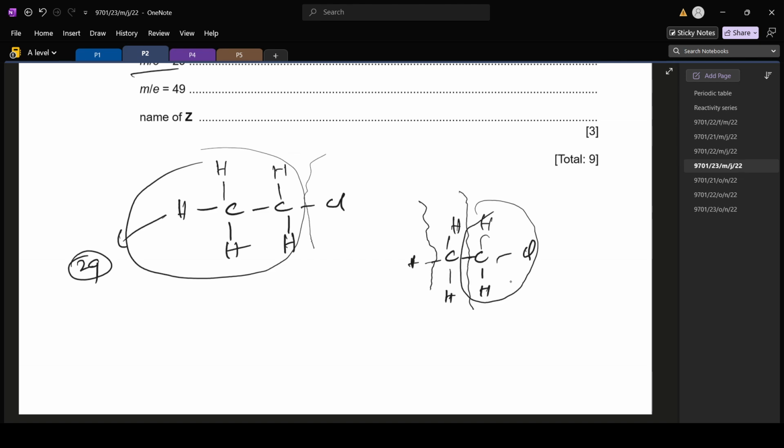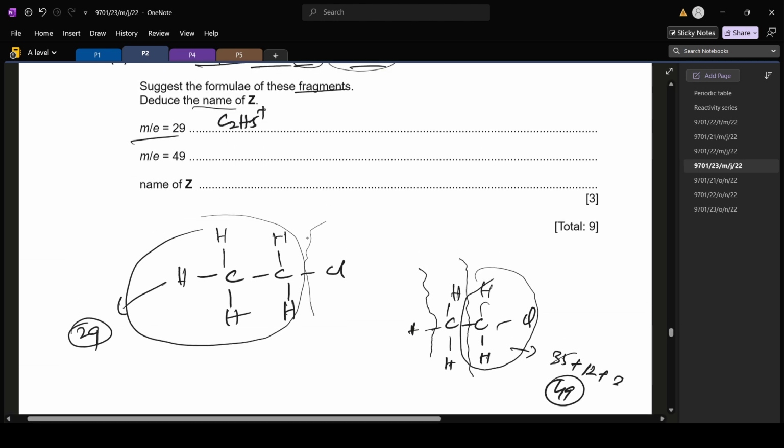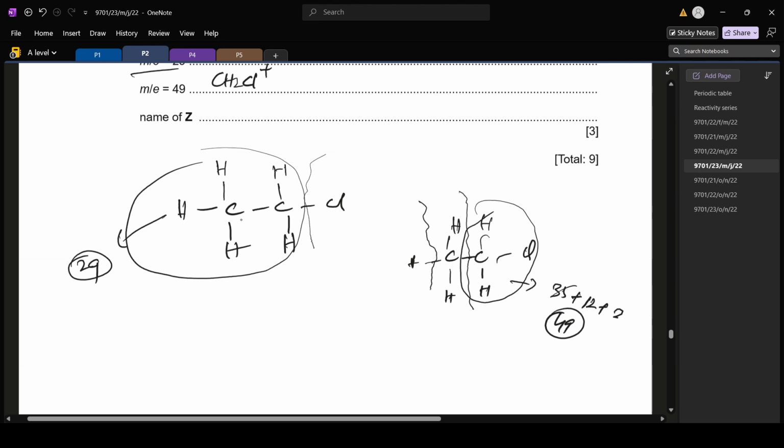If you calculate this, its Mr is 35 plus 12 plus 2, so this is going to be 49. So the peak at 49 is due to this group, CH2Cl plus. Now you know that this is the correct structure.